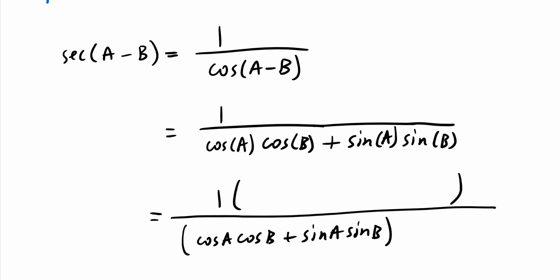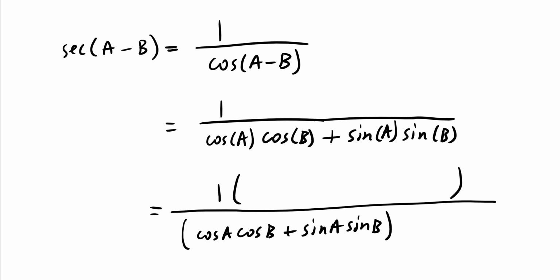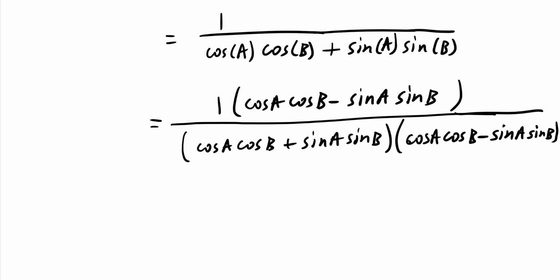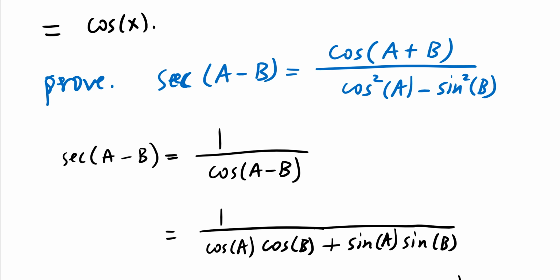I'm going to multiply here by cosine cosine minus sine sine, so cosine A cosine B minus sine A sine B. If I do something on the top, I have to do it on the bottom to balance this fraction. Now look why we did this, because the top is simply cosine of A plus B, and that's what I want on the top, on the right hand side.